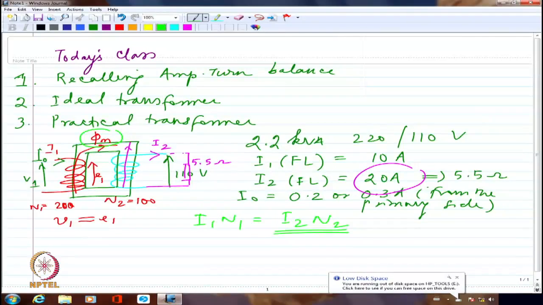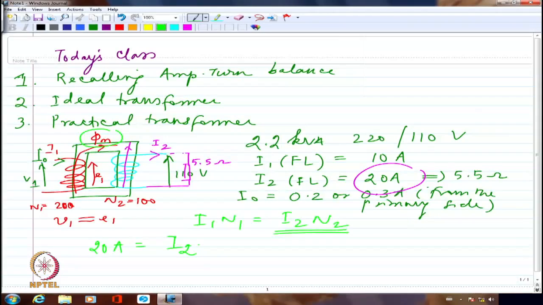So if I look at the values, I am going to have 20 amperes as the secondary side current. So the corresponding primary side current will be 10 ampere. If I look at the total current of the primary side, I should have this 10 ampere added to the 0.3 or 0.2 amperes with their respective power factors as well.